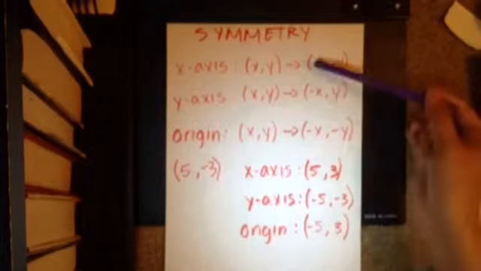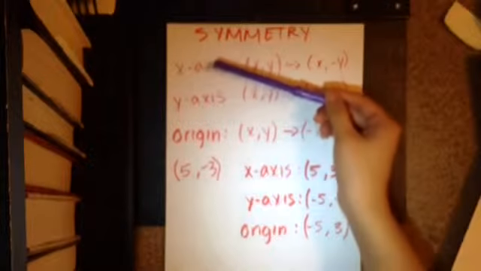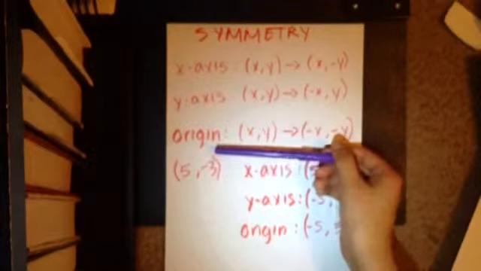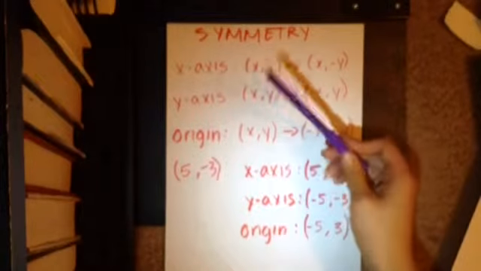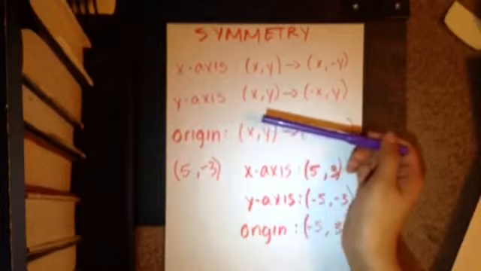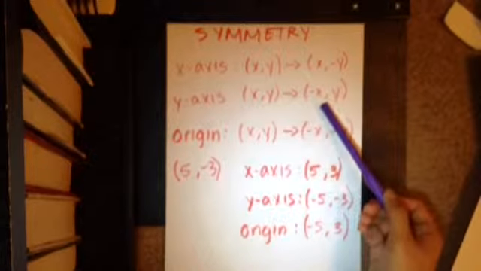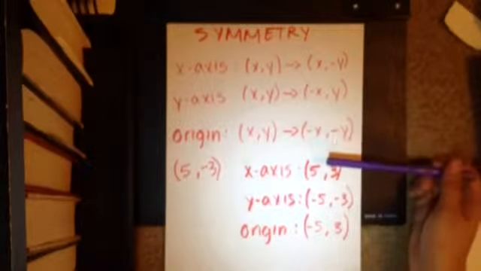Now we're going to learn how to test the graph of an equation for symmetry. We have x-axis, y-axis, and origin symmetry. For x-axis symmetry, the y value of the point is going to be the opposite. For y-axis symmetry, the x value is going to be the opposite, and for origin symmetry, both values are going to be opposite.